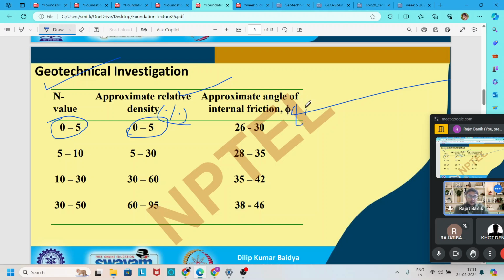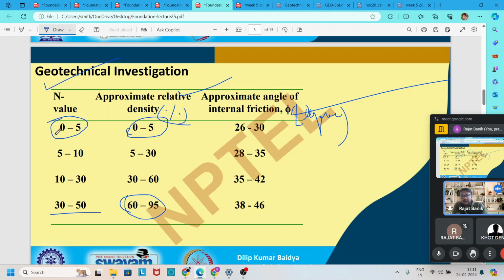So this unit is degree. Like this, if our SPT number is between 30 to 50, then our relative density is between 60 to 95, and our angle of internal friction is between 38 to 46 degrees.